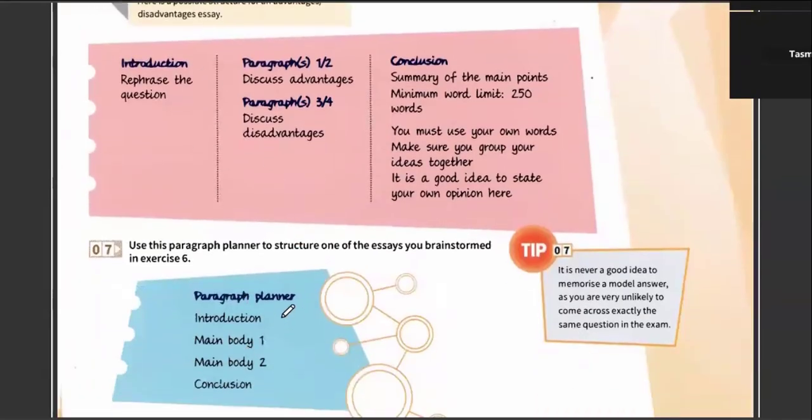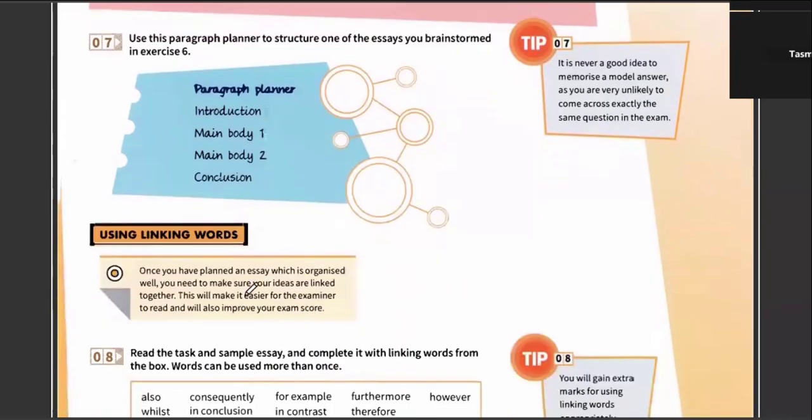For the introduction, you write the topic words or the topic idea that you have. In the main body, you write down the words that you included in the advantages, and in the main body too, you write down the words or the ideas that you included in disadvantage. And in conclusion, just give 1 or 2 sentences that you would like to add in the conclusion.